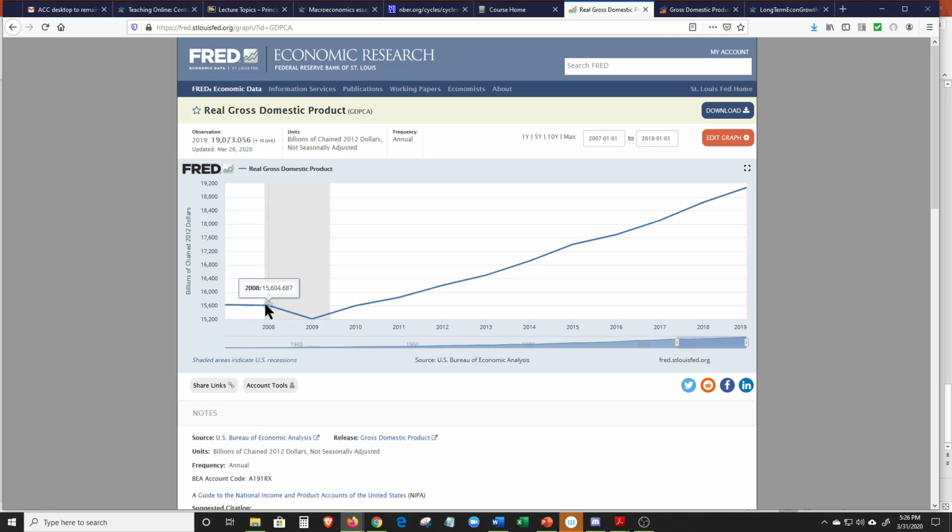So right in here was the peak. Let's see if we can get 2008. I really wanted to look a little bit further. So let's just use that as a peak, 15,604 billion. And then we go down. It looks like the trough was hit here at 2008, but they didn't call the end of the recession until, well, can I get there?